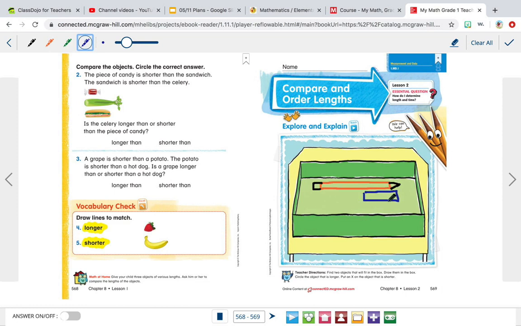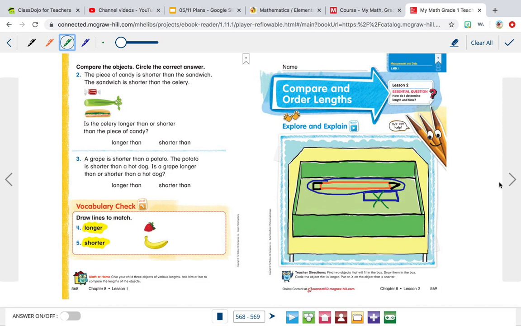So now that we know that the pencil is longer, we're going to circle the pencil. So we're going to circle this because we know that this is longer. Then, because the eraser is shorter, we're going to exit out. So we see that the pencil is longer and the eraser is shorter, okay?